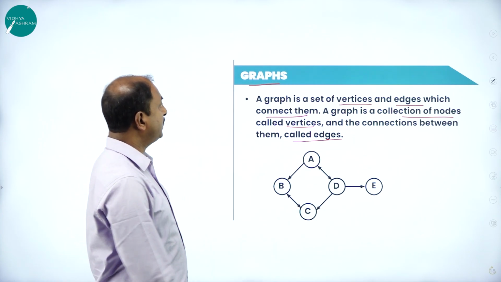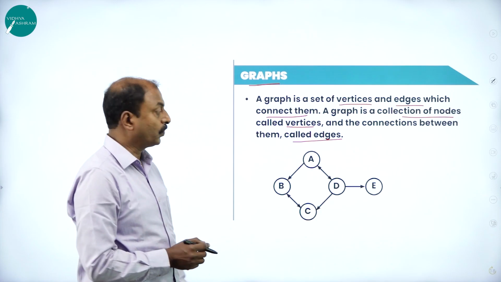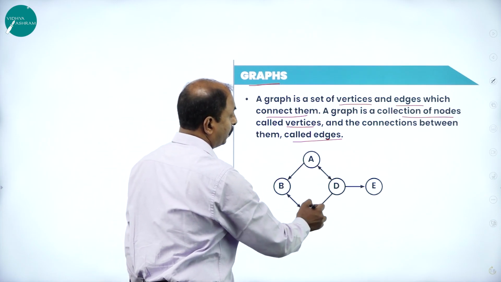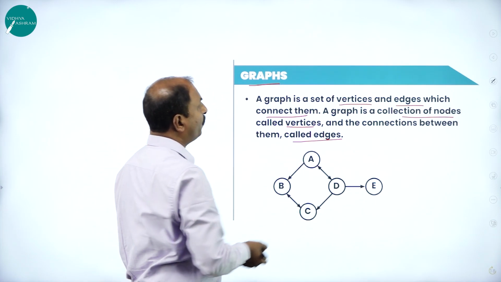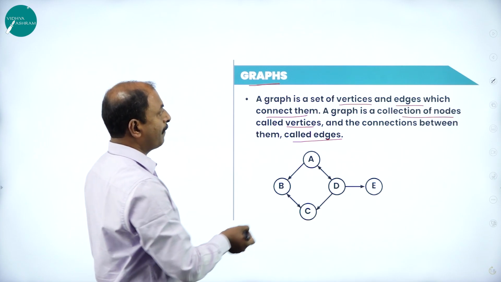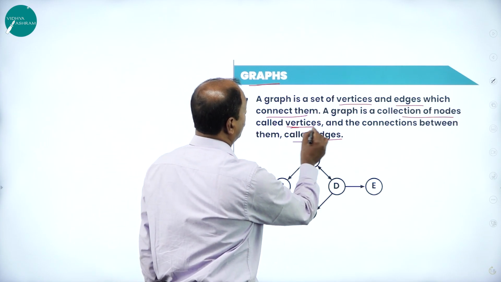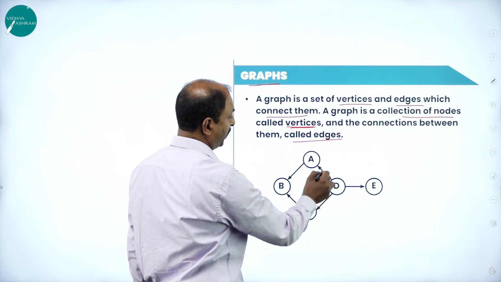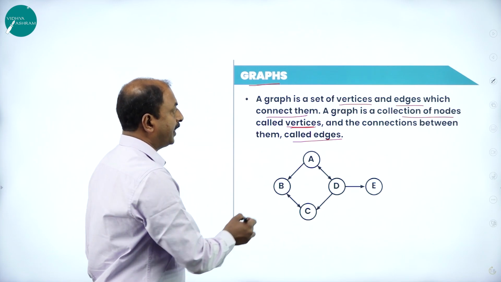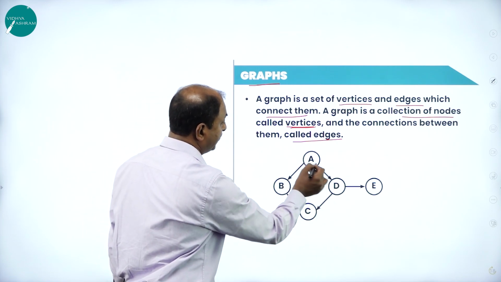If you observe this, again a graph is a collection of nodes. These are all different nodes here. In this example, there are 5 nodes. The collection of nodes are called vertices, and the connections between them are called edges here.